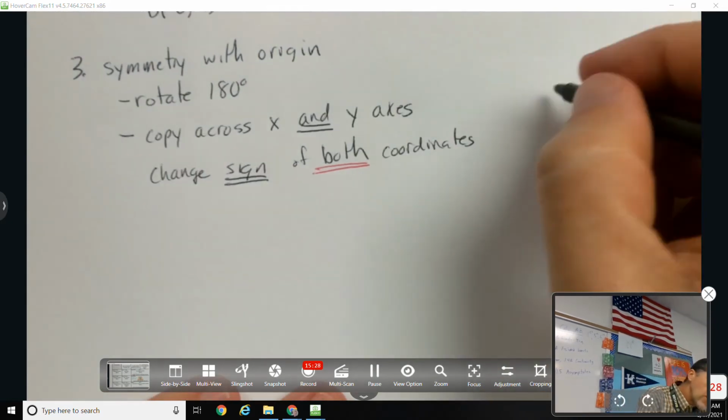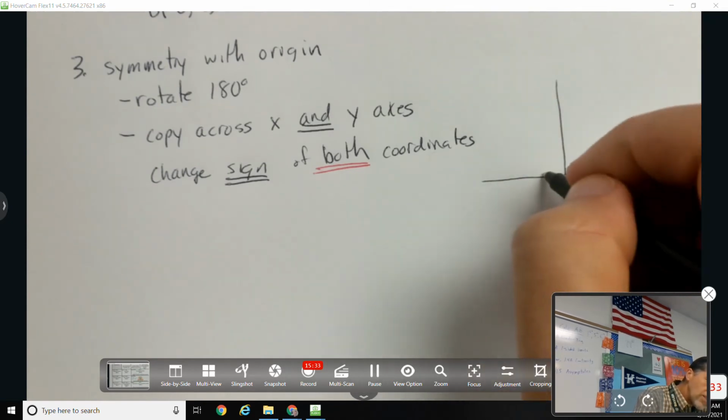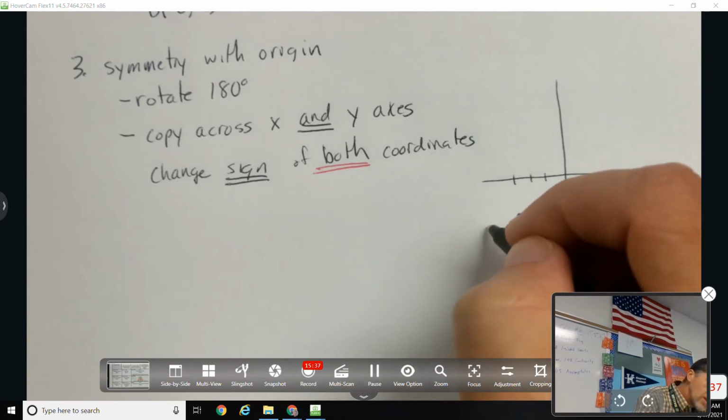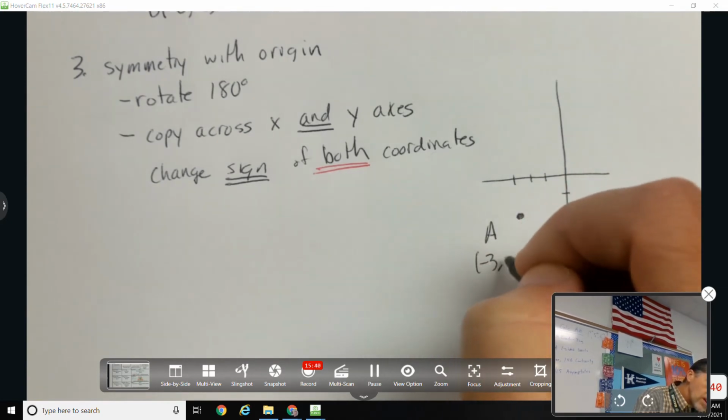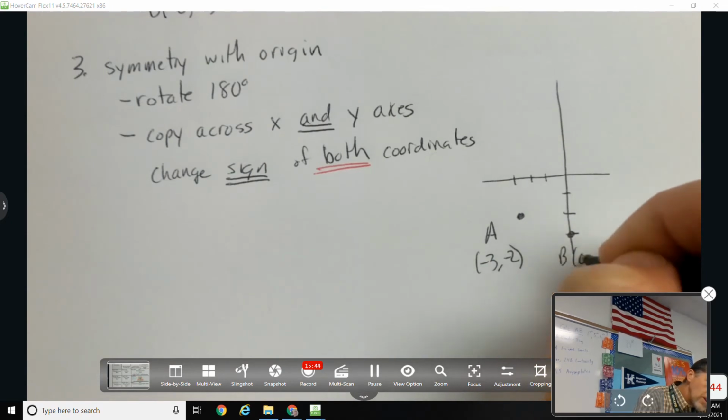Let's again start with that same picture of just that simple line that started at -3, -2 and went through 0, -3.